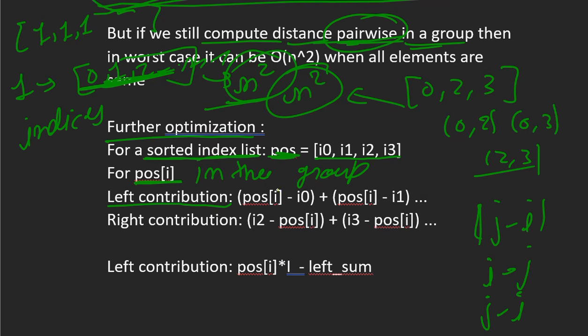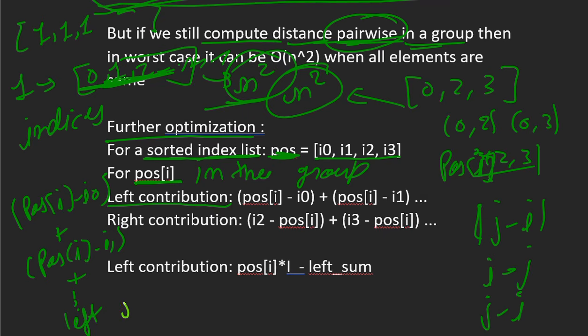For all the indexes that are smaller than position of i, the left contribution will be position of i minus i0, then position of i minus i1, and so on for all the left indexes of position of i.